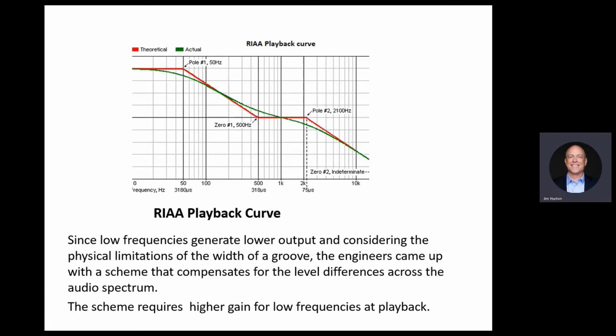It's not super sophisticated. It's very simple, and that was the idea at the time. When they came up with this curve, they asked how to implement it. Remember, these were tube circuits, and they didn't want to put a lot of stuff in that phono preamp. So they came up with very simplistic low pass, high pass amplifier stages.